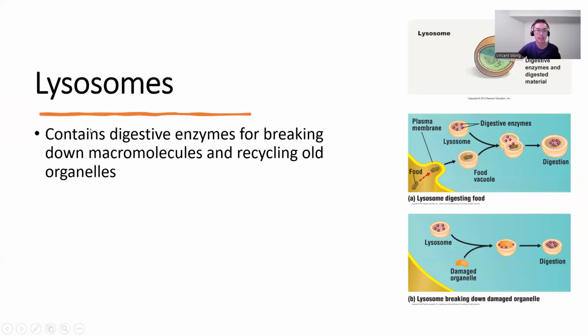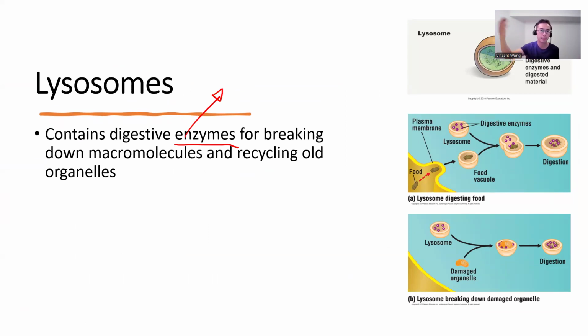Okay, so lysosome, what does it do? The lysosome contains digestive enzymes. We know what enzymes are now, don't we? What kind of macromolecules are enzymes? Do you remember from last week? Please tell me you do. Are they carbohydrates?